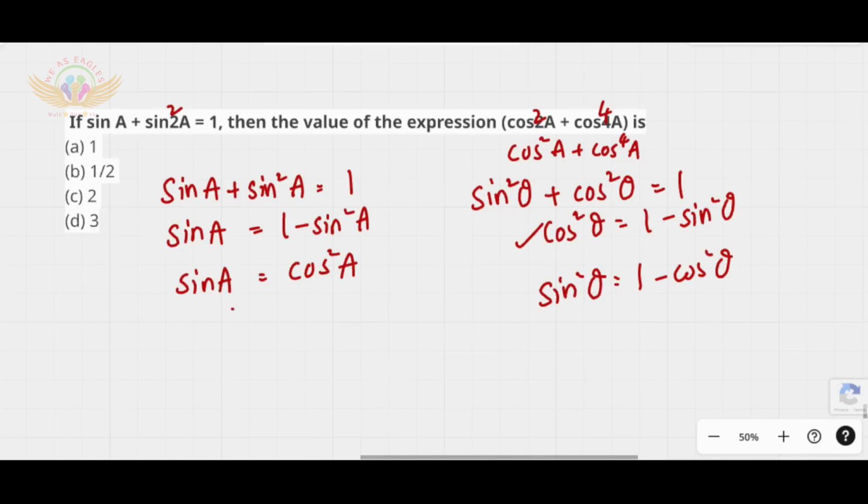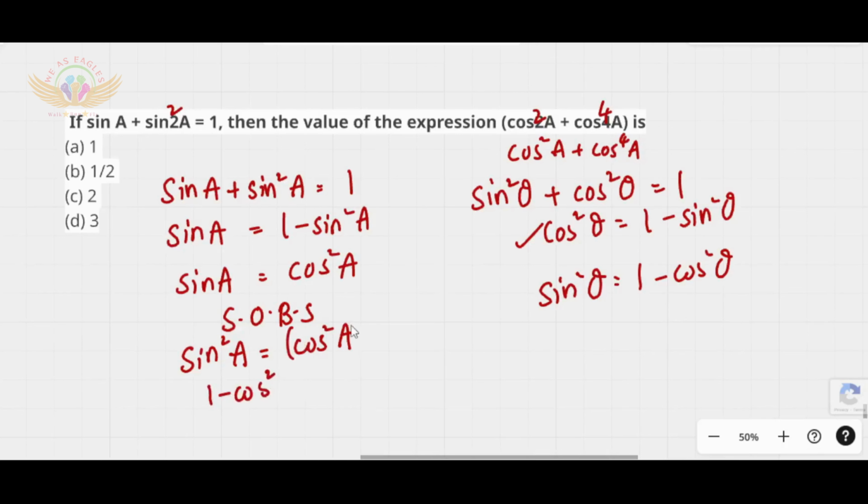Let me square on both sides again. If I square on both sides, again it will become a square, and I can again change this sine square A in terms of cos. So when I square it on both sides, I will get sine square A is equal to cos square A. So what is sine square A again? 1 minus cos square A.